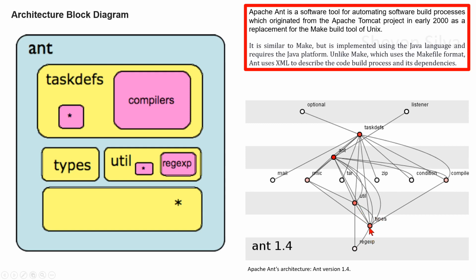Here Util interacts with Taskdefs and types, RMIC and Regexp.